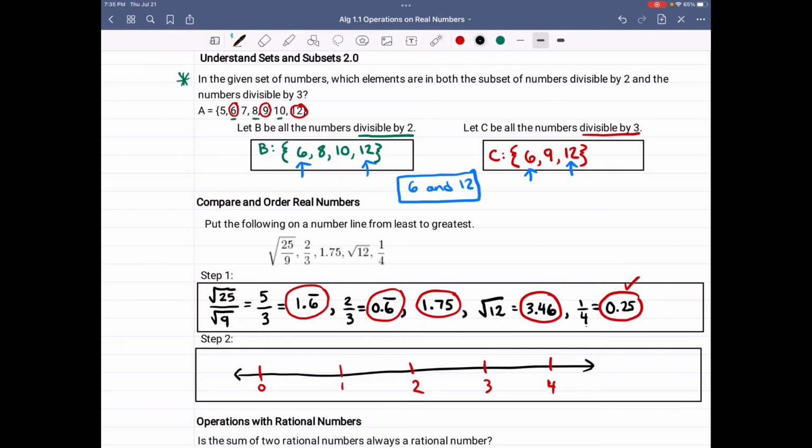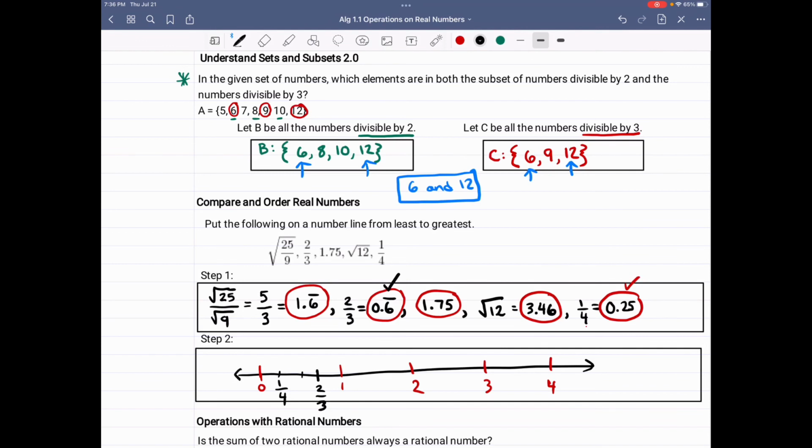So I'm going to put it on our number line as 1/4, which will be not half, but right here, 1/4. The next number would be the one that I said was like 66 or 67 cents, which is 2/3. So 2/3 will be about here, 2/3. It's not quite 1.